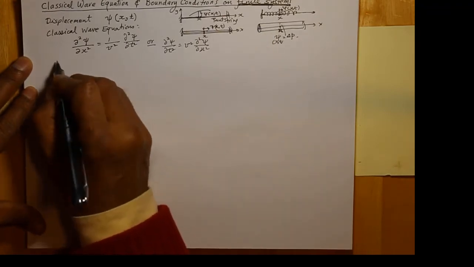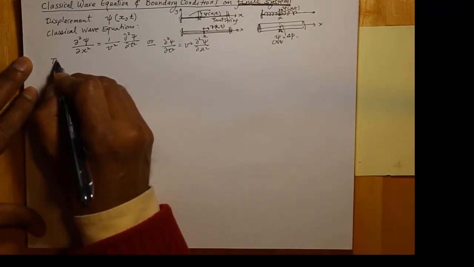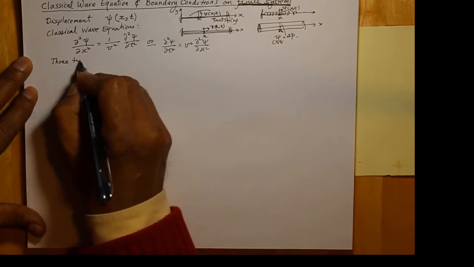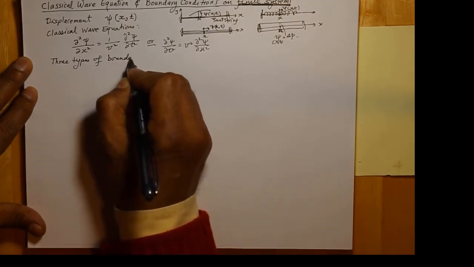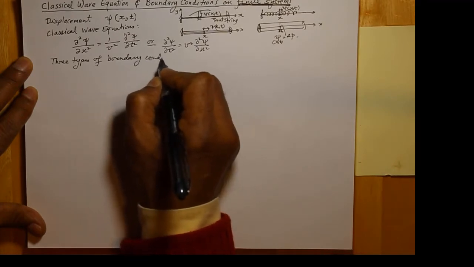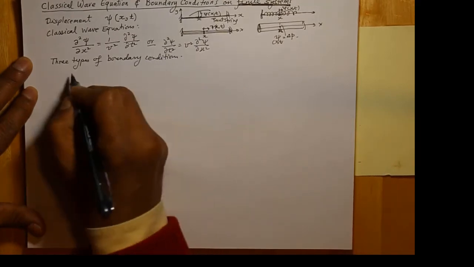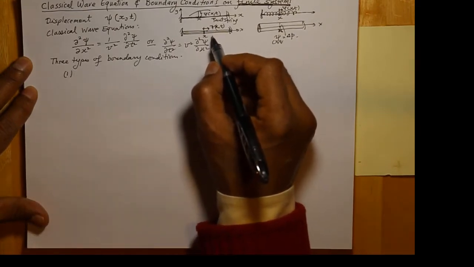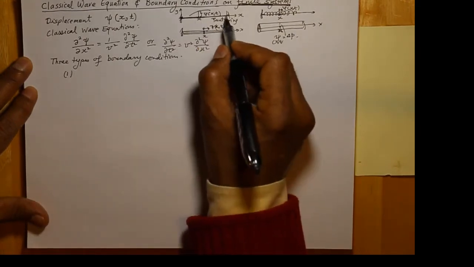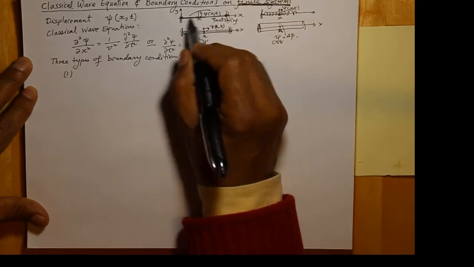So there are three types of boundary conditions that we deal with. One is, for instance, the taut string, which we dealt with. That's both ends fixed.